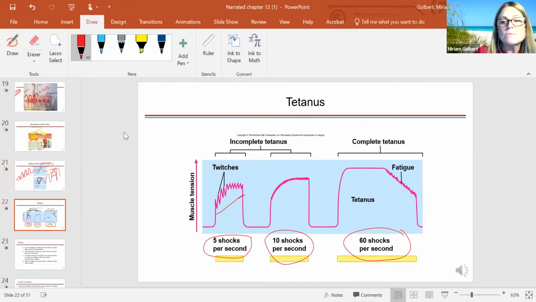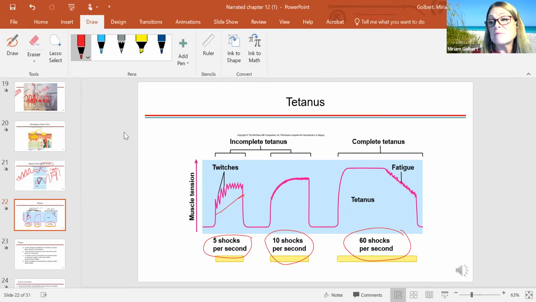If you look at this one, you don't let the muscle relax all the way before you apply the second shot and the third shot and the 5th shot, okay? So you start getting this little up, but it gets really difficult when you're doing more stimuli per second. In the second picture here, you have 10 shocks, and you can see how close those contraction relaxations are going on, not full relaxation again.